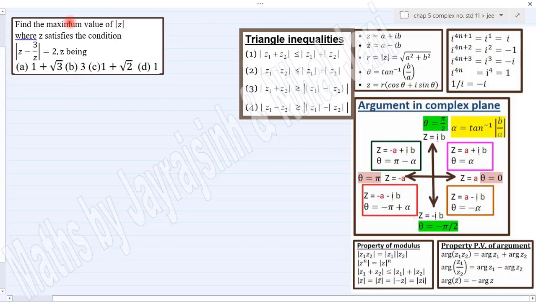In this question, we have to find the maximum value of mod z, where z satisfies the condition mod of z minus 3 by z is equal to 2. Let's call it equation number 1.